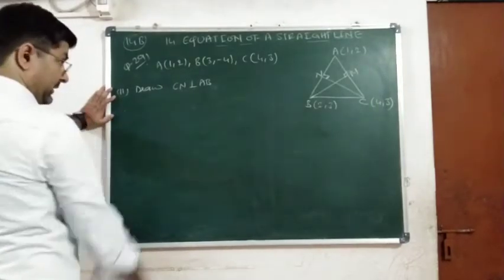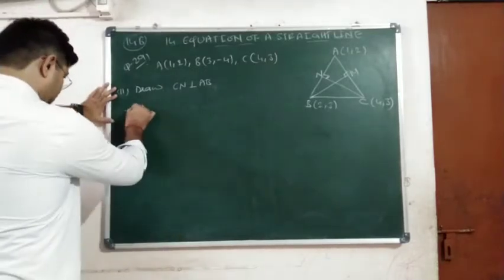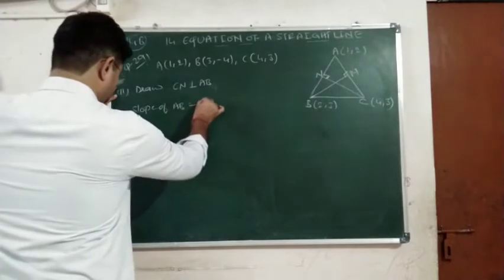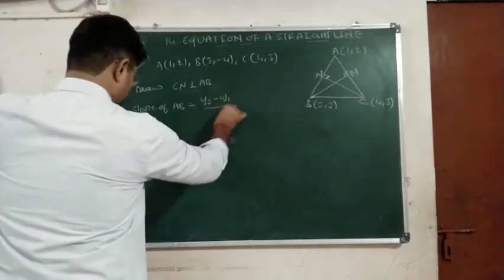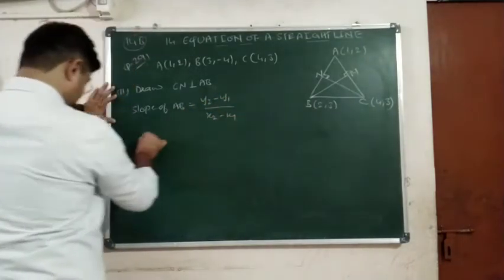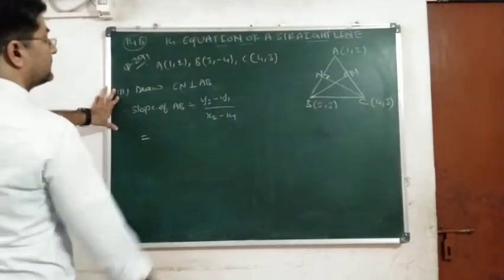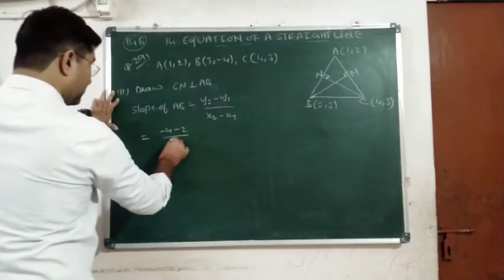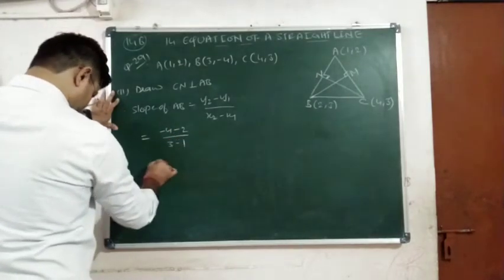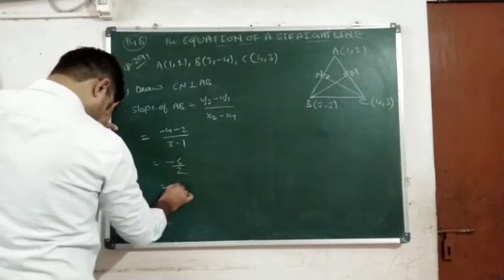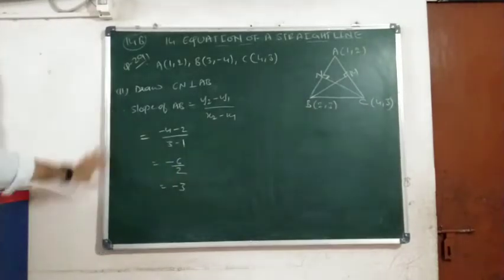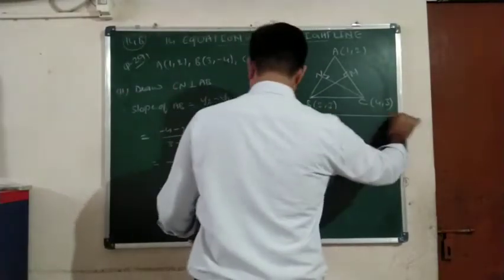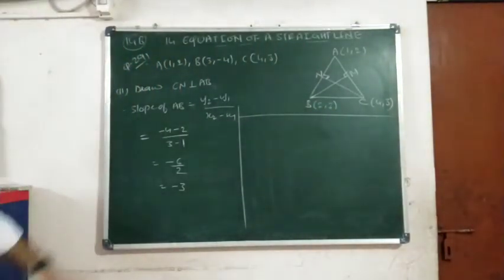So we can write down now. First we'll find out the slope of AB. Slope of AB is y2 minus y1 upon x2 minus x1, with x1, y1 and x2, y2, so minus 4 minus 2 upon 3 minus 1, which is minus 6 by 2, minus 3. This is the slope of AB.